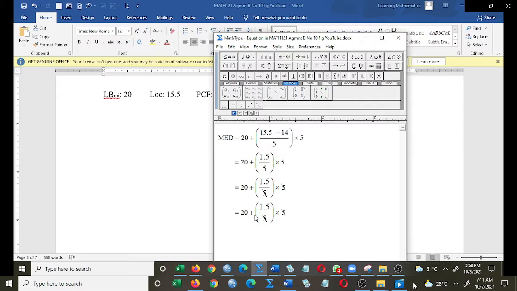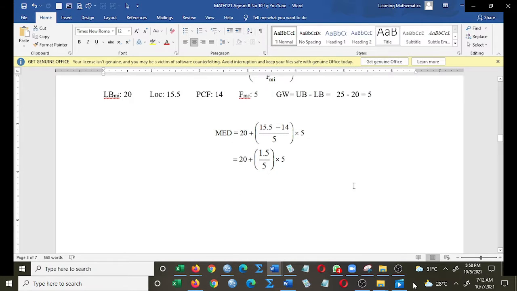You will get the same 1.5. And you leave the addition for last, 21.5. So as I said in the previous little video clip, let's see if we get 21.5. And here it is, 21.5 is an estimation of the median.